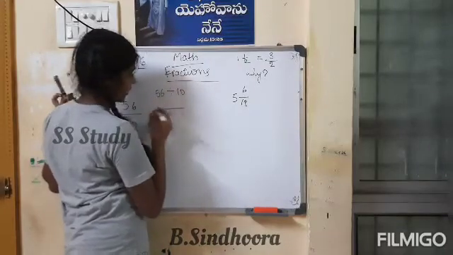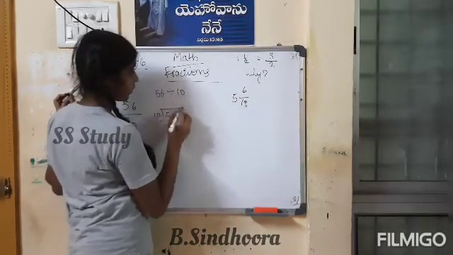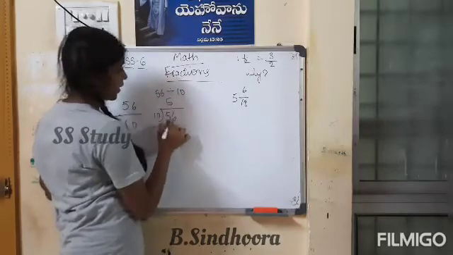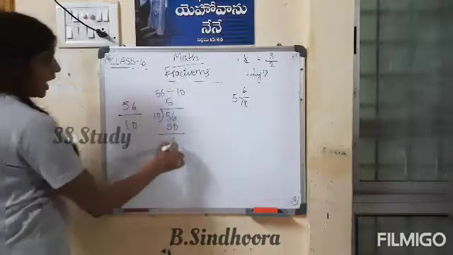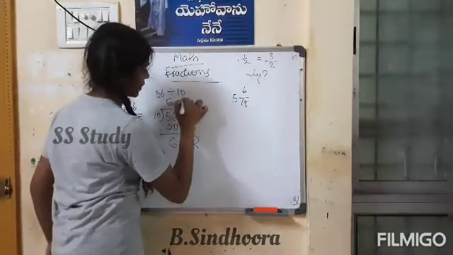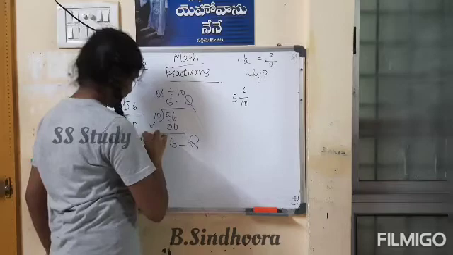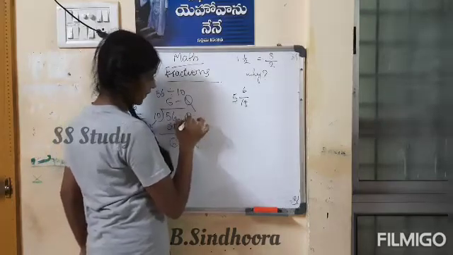Let's divide. 10 5s are 50, remainder 6. This is the quotient, this is the divisor, this is the dividend.